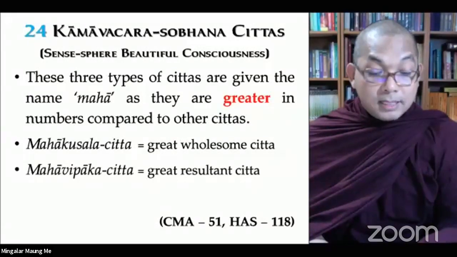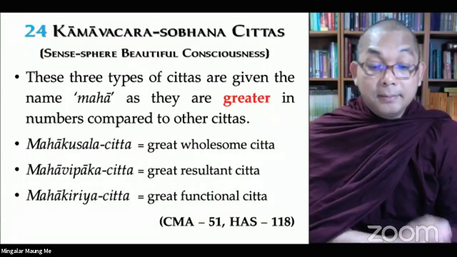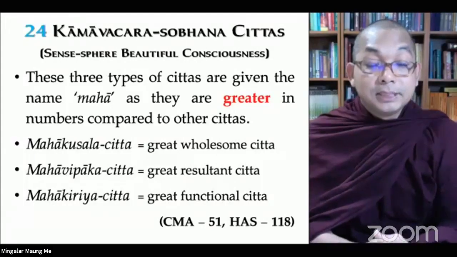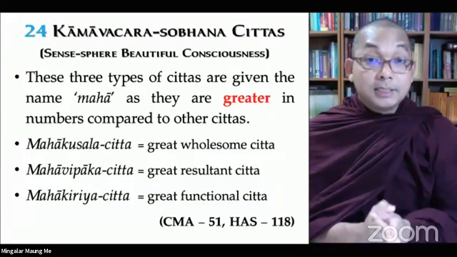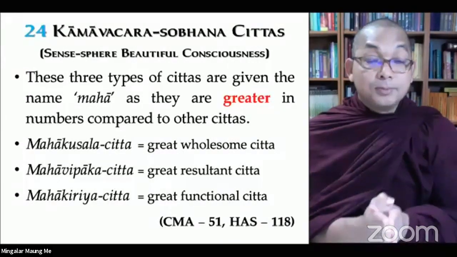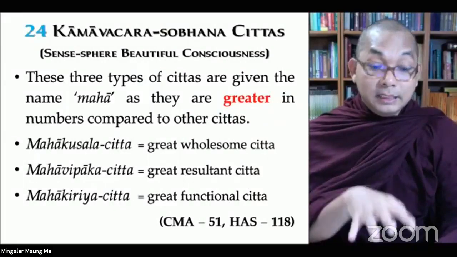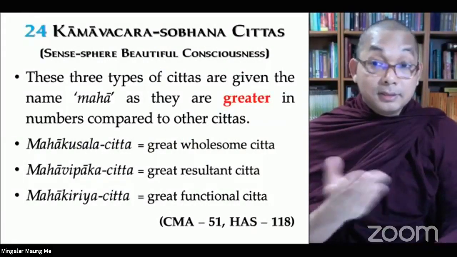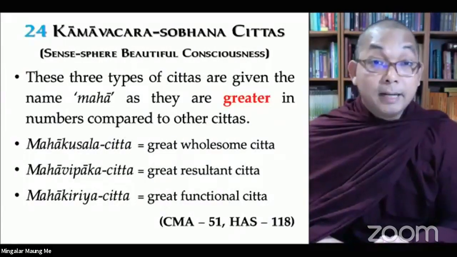And Mahavipaka Chaita, Mahakriya Chaita. You add Maha. Maha means greater, because we have 8 types of consciousness. Most of the other chaitas are only 5, 4, etc. So here, the number is much greater. For that reason, we add Maha.